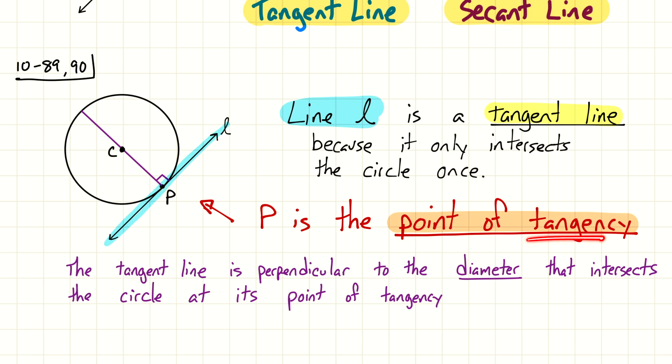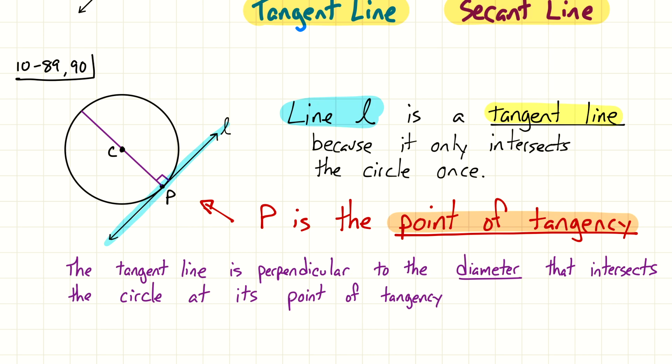So tangent, tangency. All right, so if someone gives you the point of tangency, that automatically tells you there's a tangent line, and that's the point of intersection of the circle or whatever object you're talking about. And so what's special about this is how it relates to the diameter.